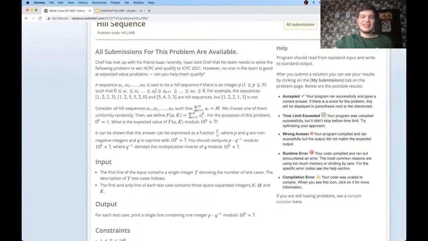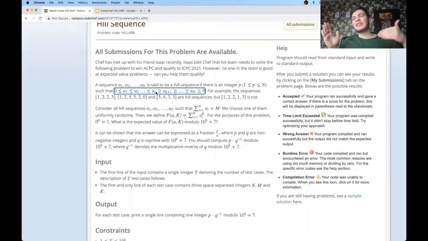So the problem is called hill sequence or hill array, and basically we are given a definition which is hill sequence. What this definition basically means is that in a way our array looks like a hill if we look at it from both sides. If we want to be very formal, we have some position P, which is somewhere in the middle.